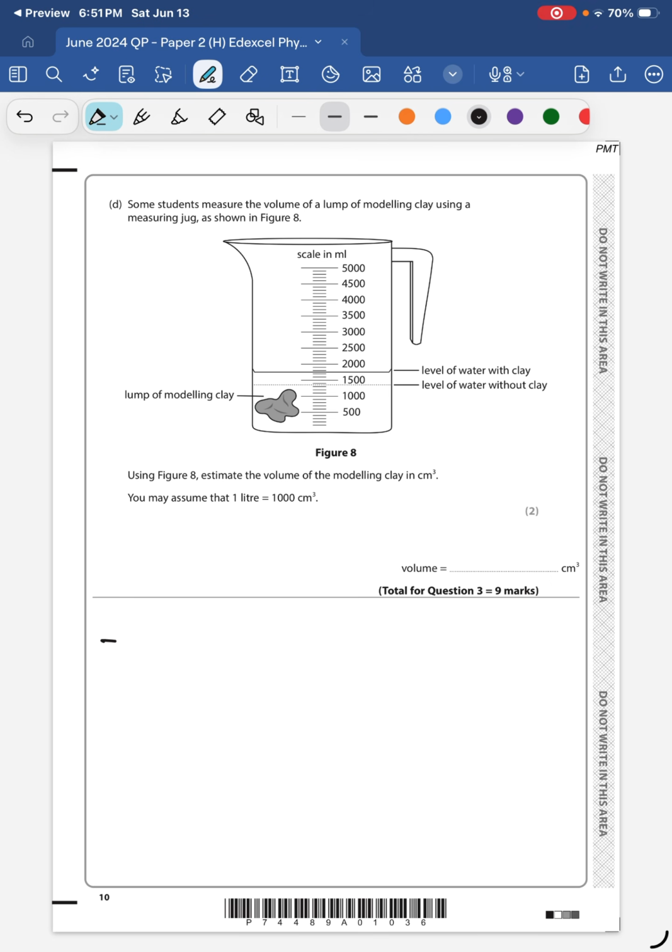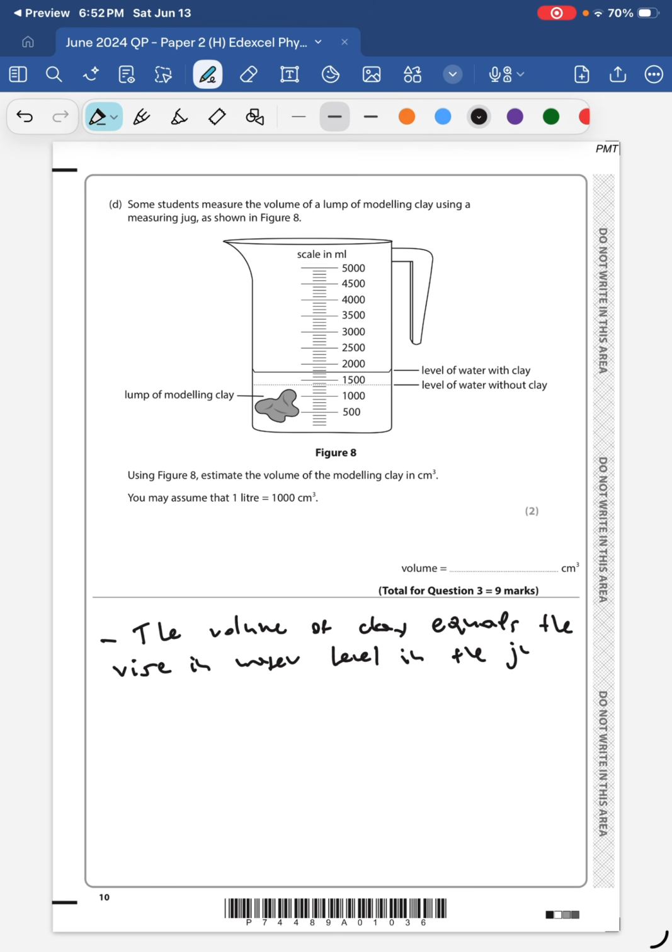Maybe you should write a sentence like: the volume of clay equals the rise in water level in the jug.